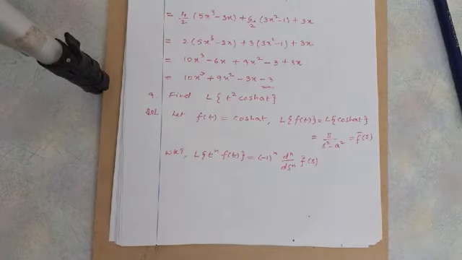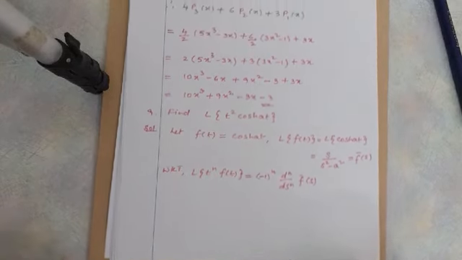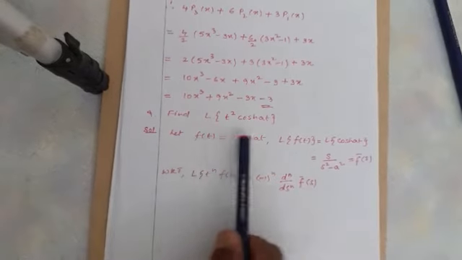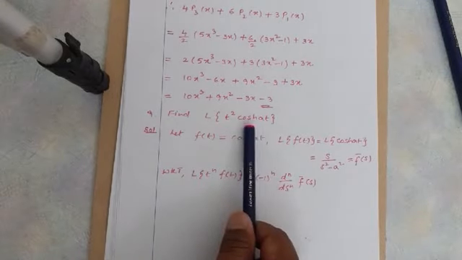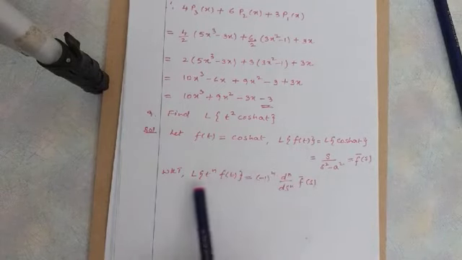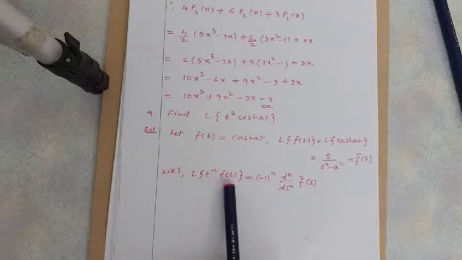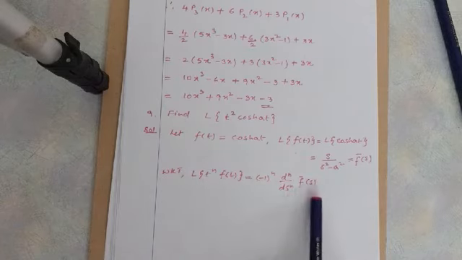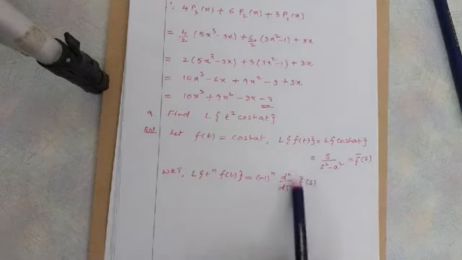We have done this already in multiplication by t. So here, whatever f(t) is given, multiplication by t will be in the form L of t^n f(t) is nothing but (-1)^n d^n/ds^n f bar(s). So f bar(s) is required.